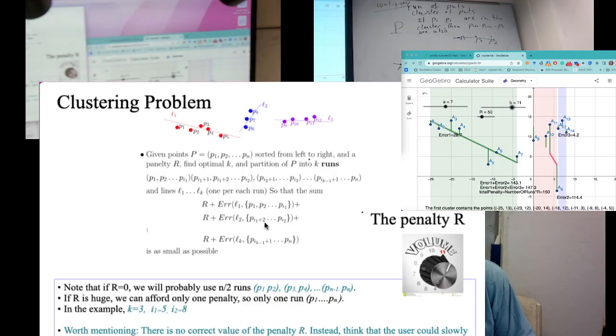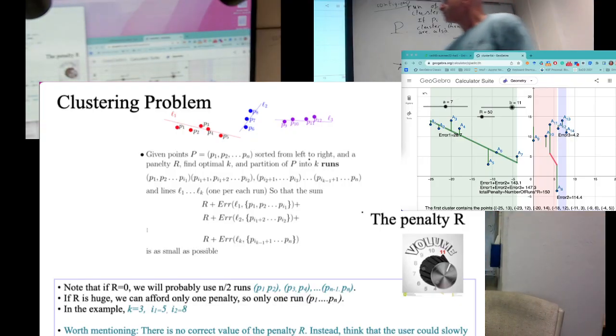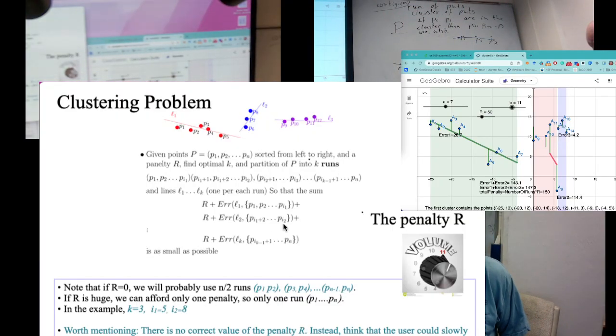What is the overall error that I introduce? I'll take the first run of points from P1 up to Pi1. I'll find the line that best fits these points, and compute the error, the sum of the vertical errors with respect to this line.